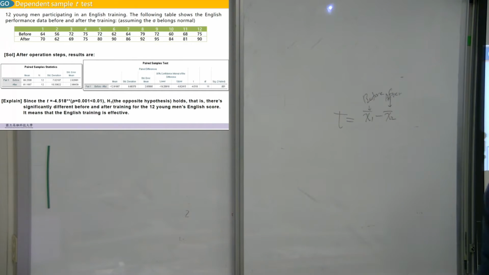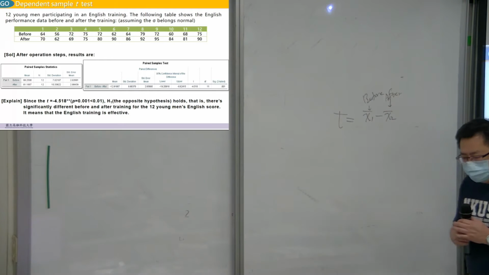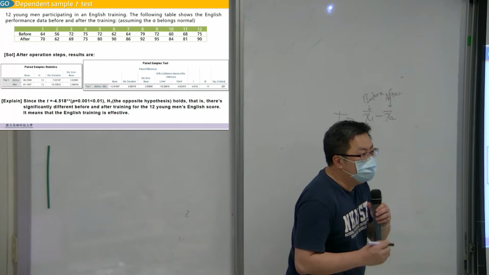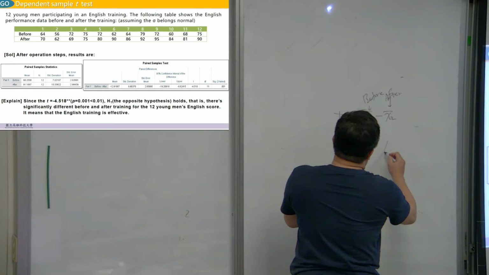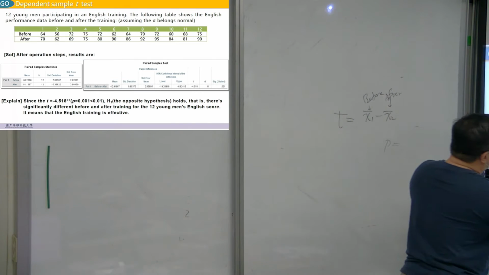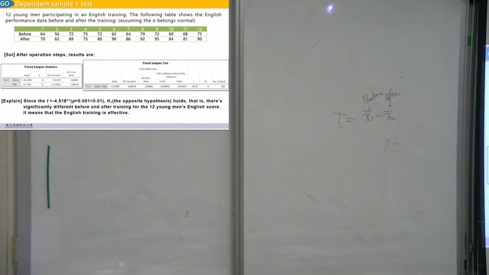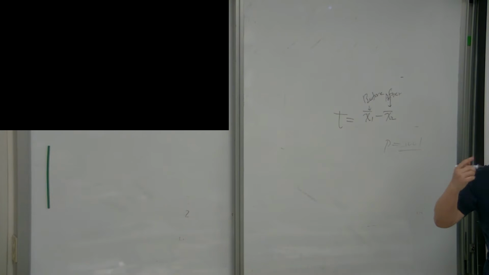Don't worry. This is the t value, and this is the probability, the p value, you understand? This 0.001 value is calculated from your data.